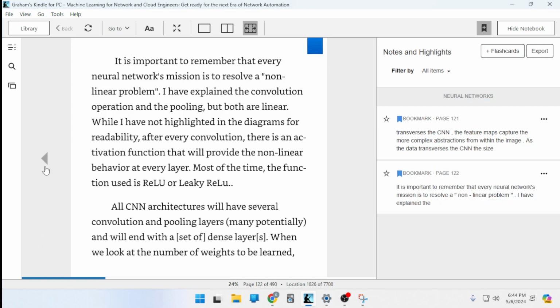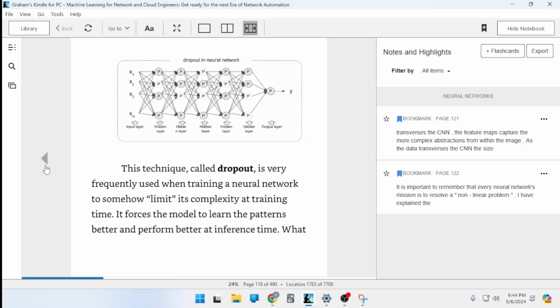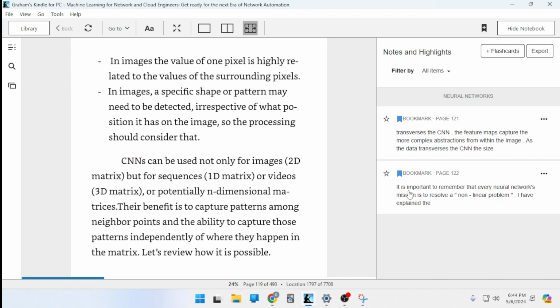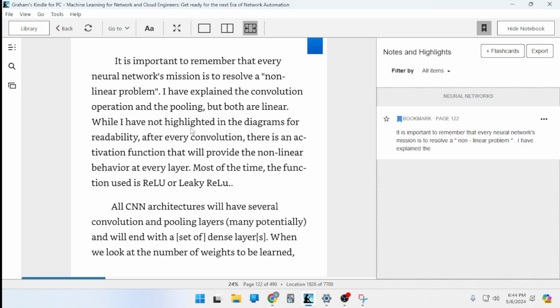So you can have sophisticated things happen between the layers depending on the sort of functions that you use. All CNN architectures will have several convolution and pooling layers, potentially many.